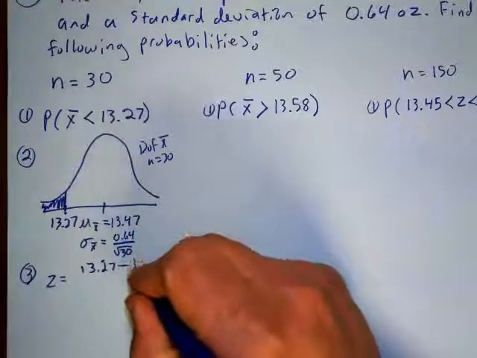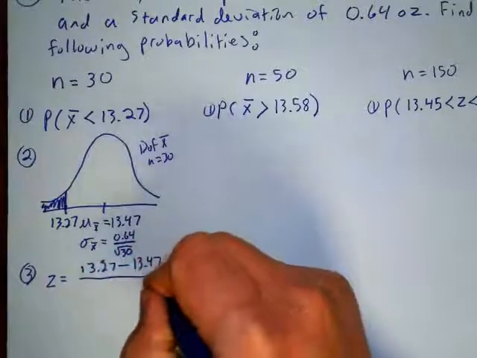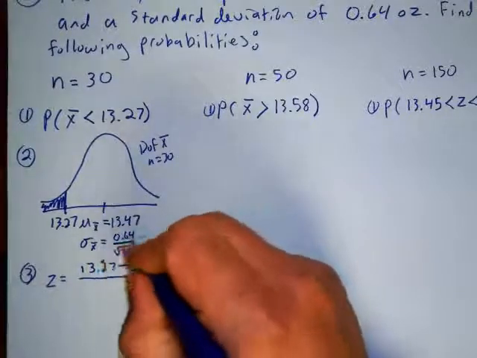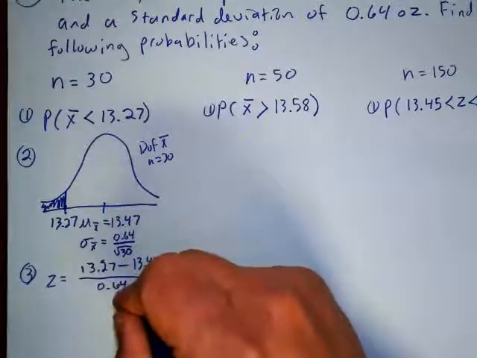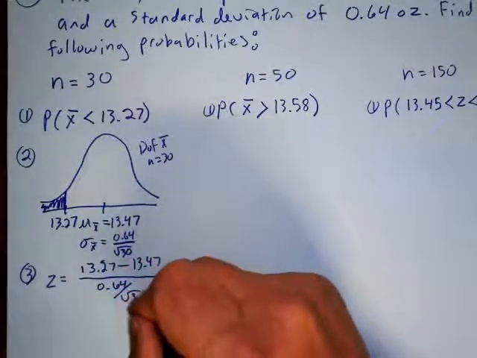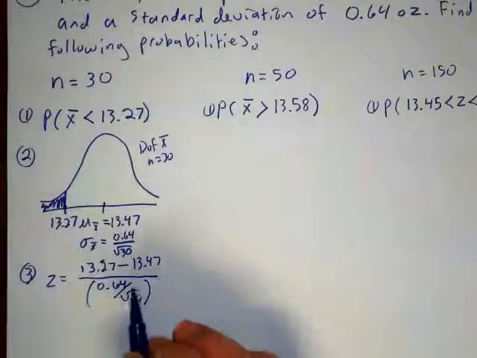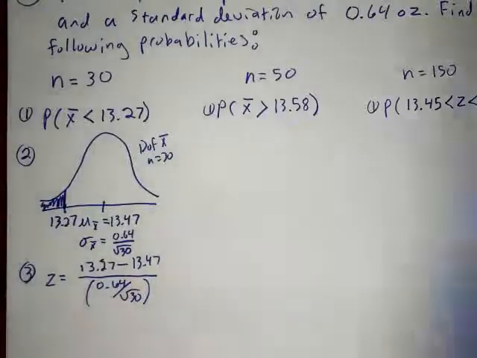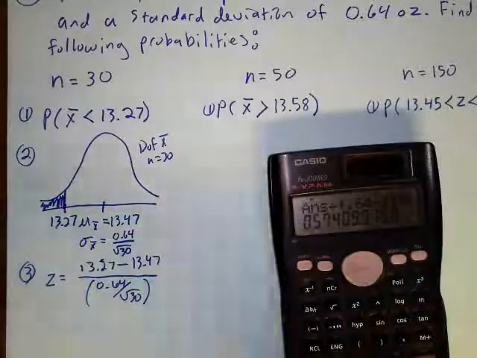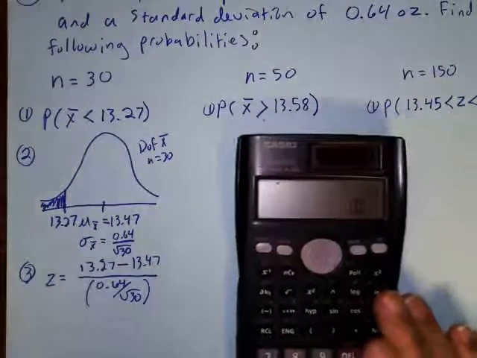So I subtract the mean, 13.47, and then divide this by the standard deviation of the distribution of x bar. So that's 0.64 over the square root of 30. I'm using this square root of n down here. That's the main difference. You cannot forget that. So that is the z-score formula for the distribution of x bar.